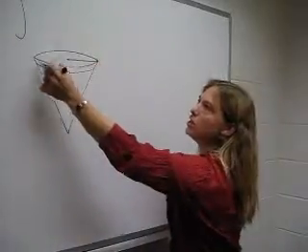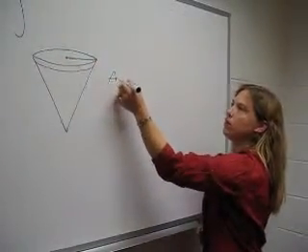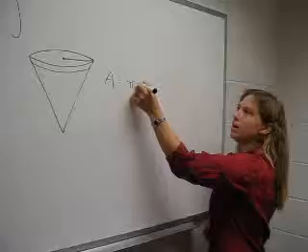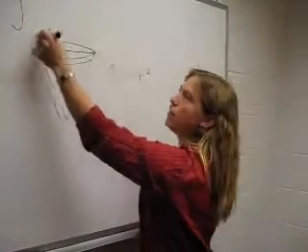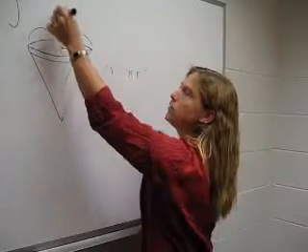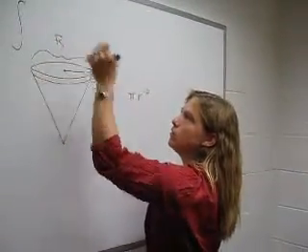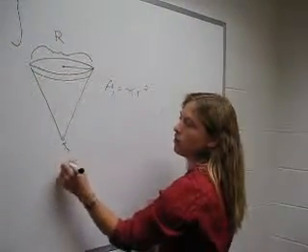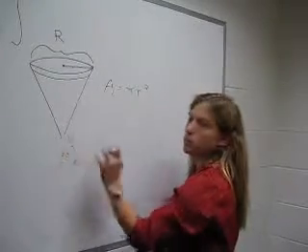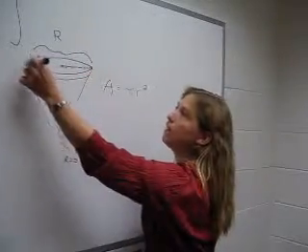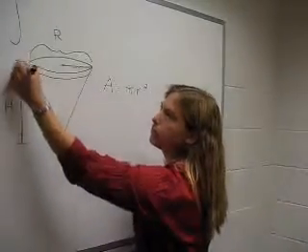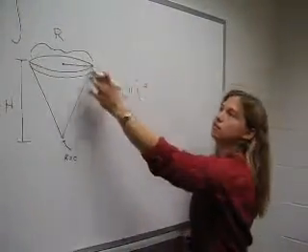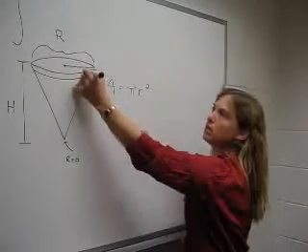We know that the shape of this is a circle, and the area of a circle is pi times the radius squared. In order to find the volume, I'm going to have to tell you the total radius at the base of my cone. I know down here r equals 0 because it comes to a point, and the height we'll call large H. Now this pancake is a circular shape, but it also has a thickness.